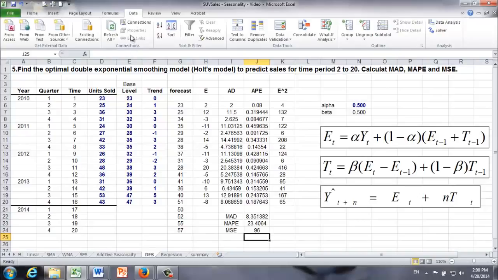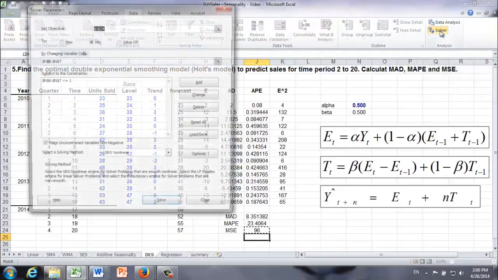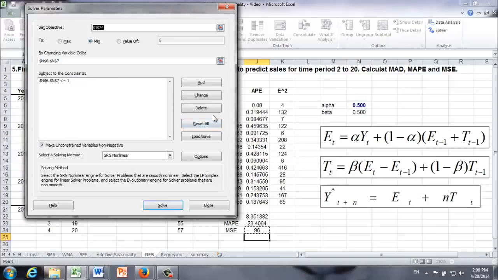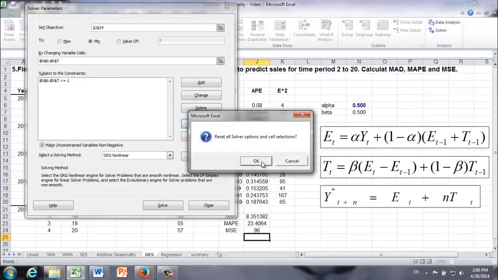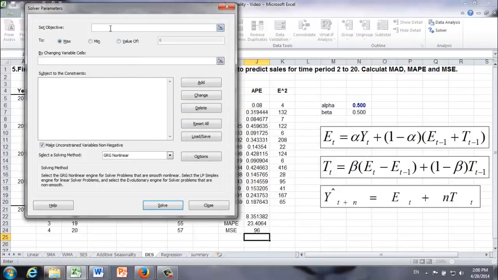Similarly, we're going to use Solver to find the optimal alpha and beta values. Click Solver. Once again, let me reset it. The objective is nothing but our MSE in cell J24, which we would like to minimize. And how to do that? By changing the alpha value and beta value.